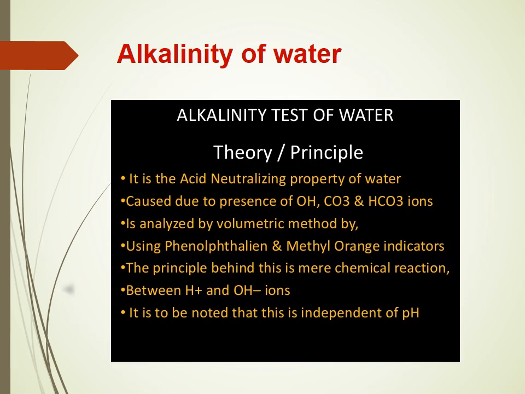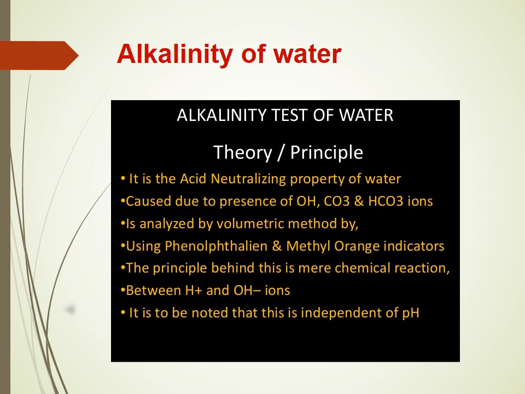Till now we have discussed two properties of water which are generally changed due to the presence of impurities. The first one is the pH of the water, and the second is the hardness of the water. Now the third one is the alkalinity of the water, by which again we are able to determine the level of impurities present in the water.